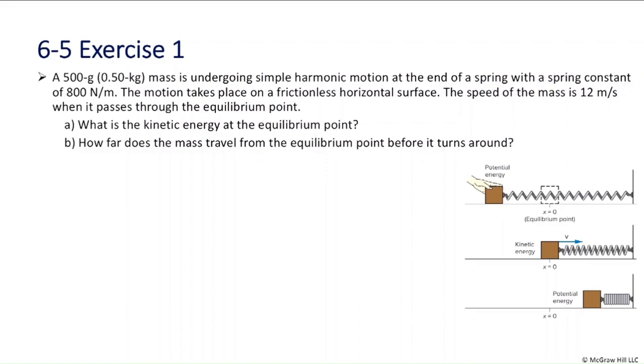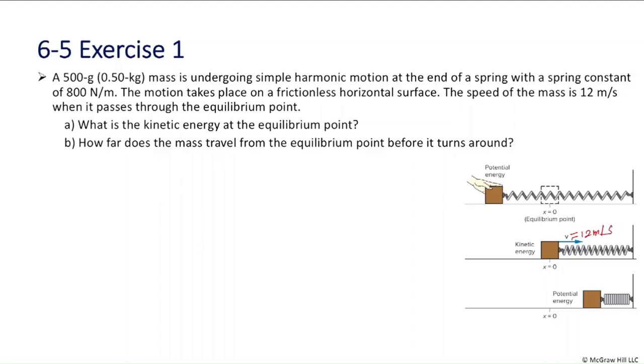So we have a mass of 0.5 kilogram attached to a spring with a spring constant k of 800 newtons per meter. And the system is on a frictionless horizontal surface. And at the equilibrium point, the speed of the mass is 12 meters per second. So this speed is 12 meters per second.